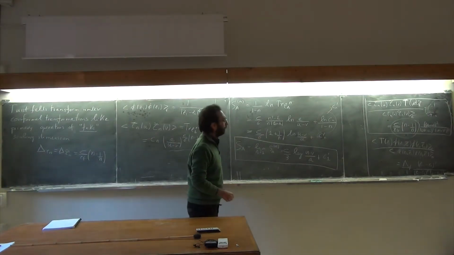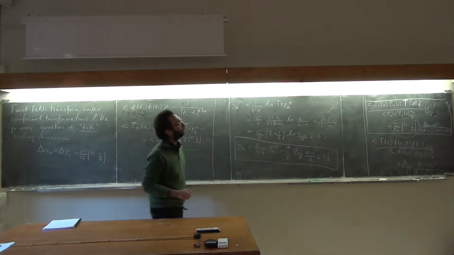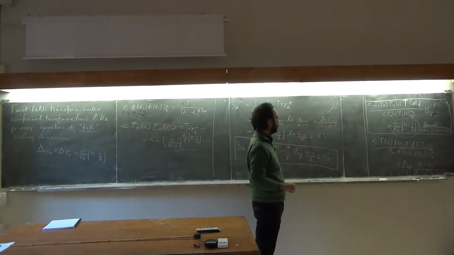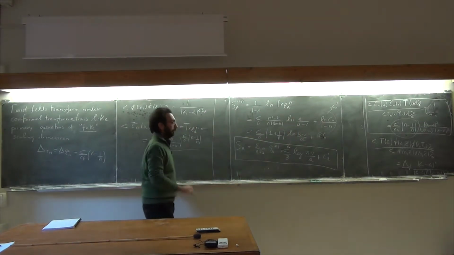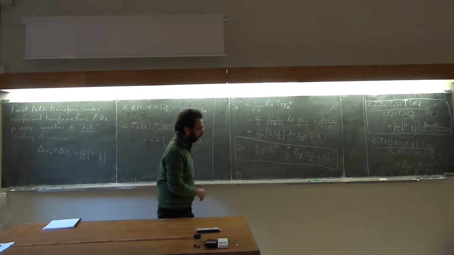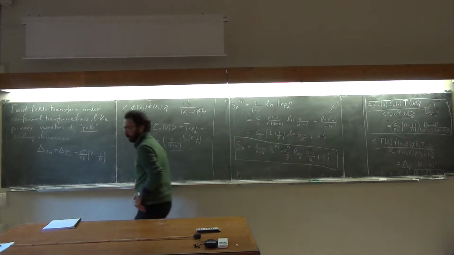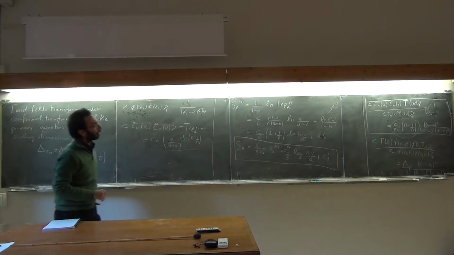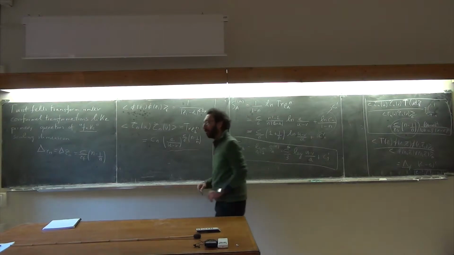You see the universal part depends only on the central charge, that is the logarithm of the distance between the two points, while this additive constant does not depend on the distance between the two points and is clearly non-universal, because a change of A changes this constant. So it's a non-universal constant that we will see later on today has some universal content inside, but not directly.